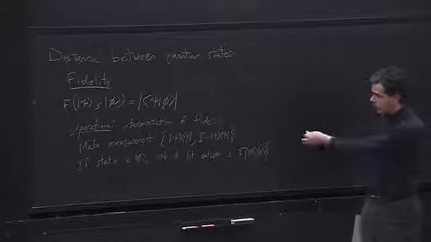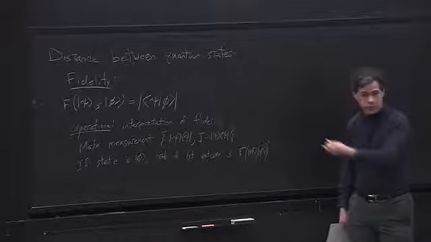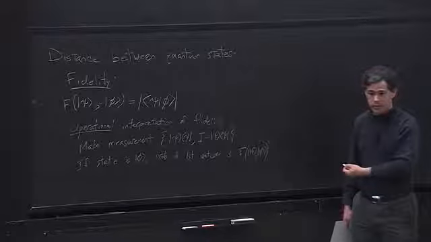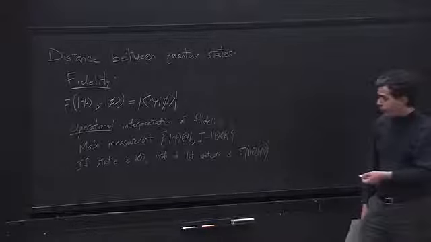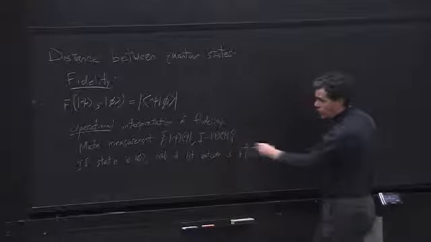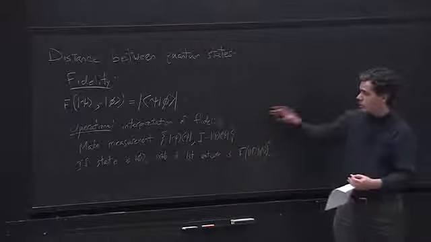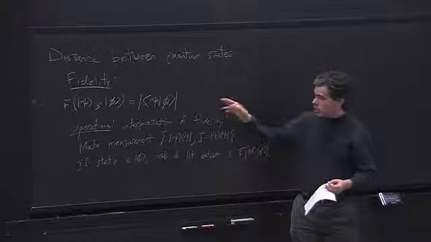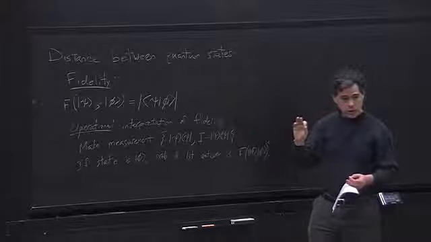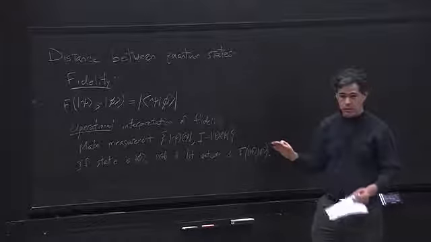Right? That's basically just Born's rule, the simplest measurement rule in quantum mechanics. Okay? So this operational interpretation, you can start to generalize to the case where we're looking at the distance between a pure state and a mixed state.